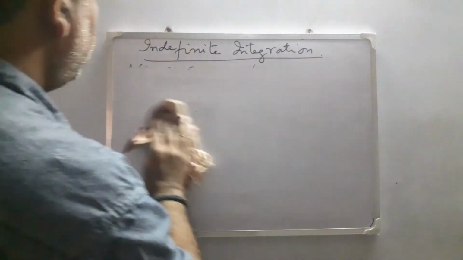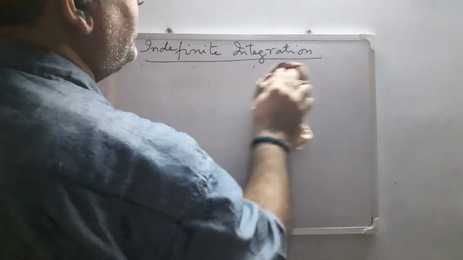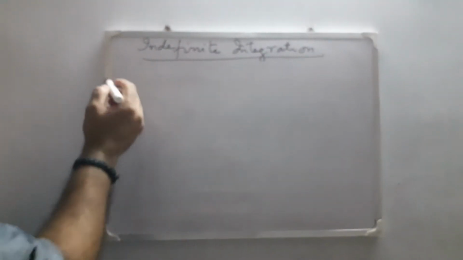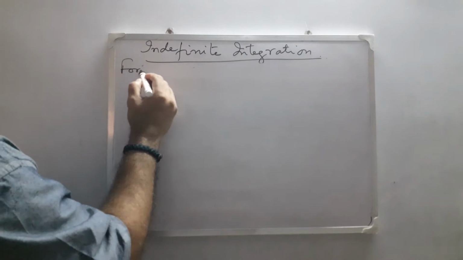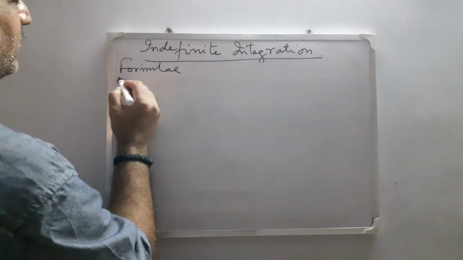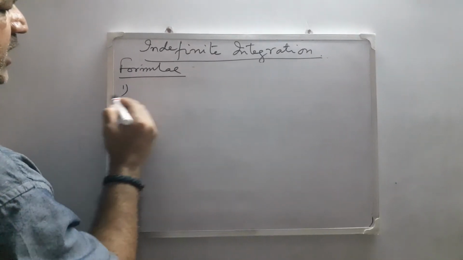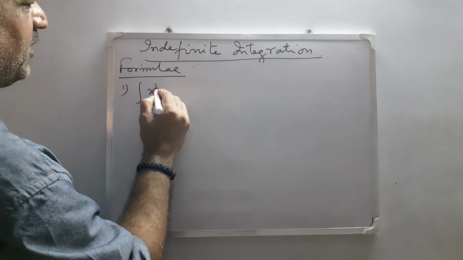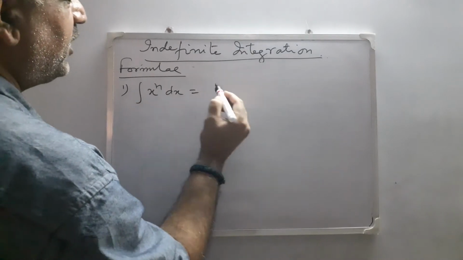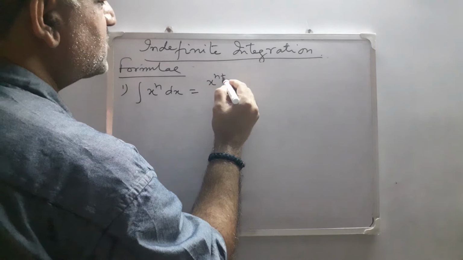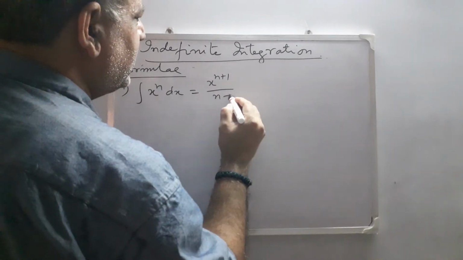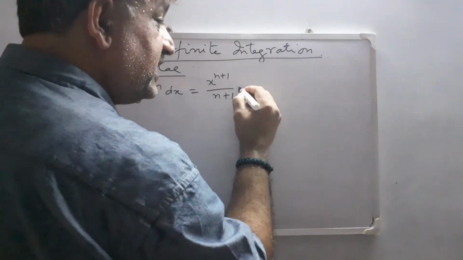You see here, now we are going to write different formulae for integration. Formula number one: integral x power n dx is equal to x power n plus 1 by n plus 1 plus c, always.